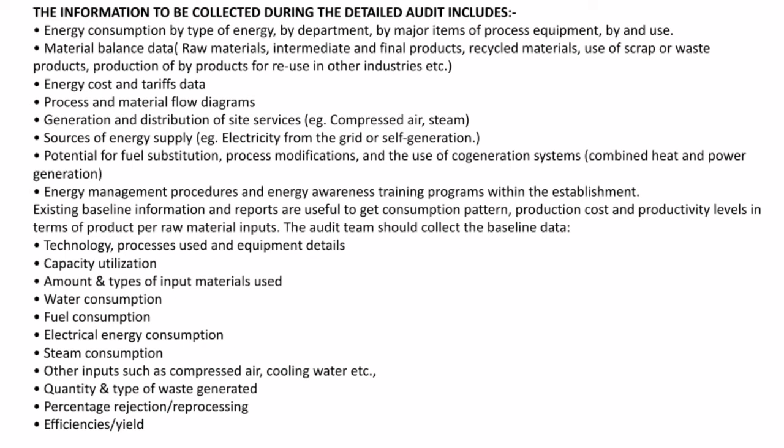Existing baseline information and reports are useful to get consumption pattern, production cost and productivity levels in terms of product per raw material. The audit team should collect the baseline data.